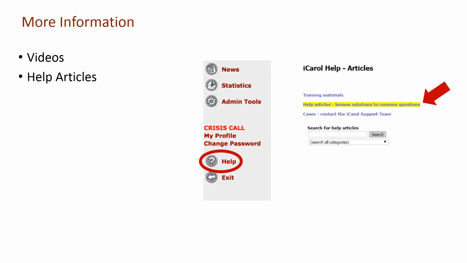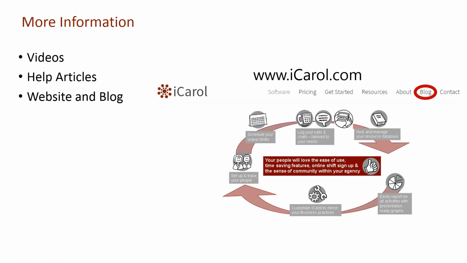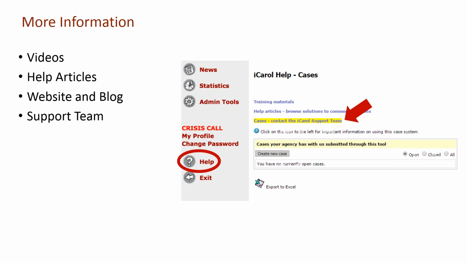There are also help articles and solutions that you can find under the help link on the left-hand menu. There are also web pages and blog articles on our website where you can find out more. We often post blogs about enhancements so you can learn a little bit more, and of course we're updating our website with all of the most up-to-date information.